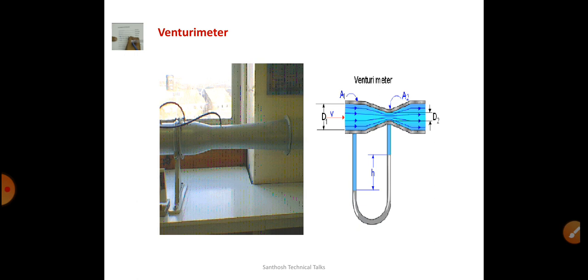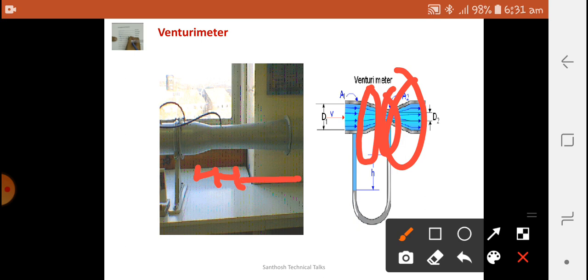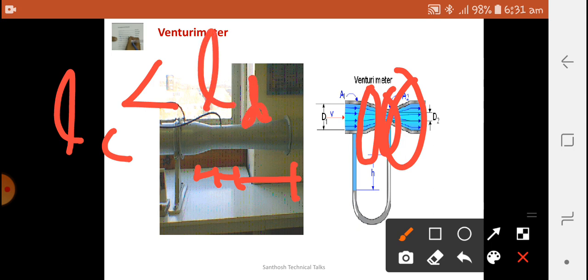And here, this is the Venturimeter. The Venturimeter consists of three portions: convergent, throat, and divergent. If you see, the length of the convergent is always smaller than the length of the divergent.